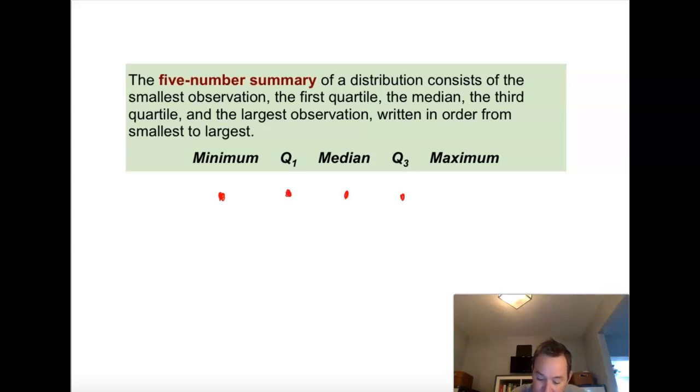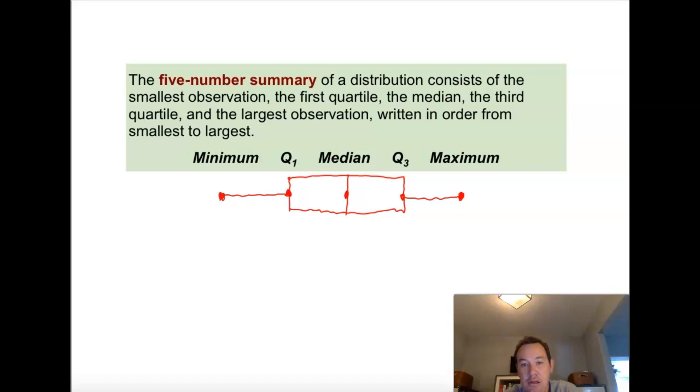On a horizontal axis, you plot these 5 points. You put a box connecting Q1 and Q3. You put a line through the median, and then you put whiskers connecting the minimum to Q1 and the maximum to Q3. And this gives you a visual of the spread of the 4 quartiles of the distribution.